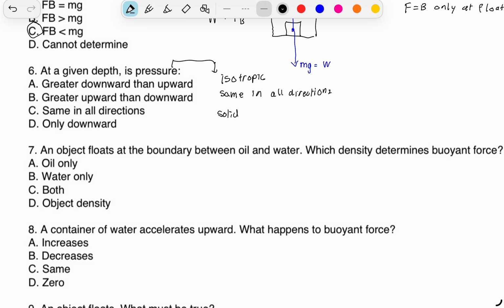However, you might get confused because, for example, solids have directional forces, like normal force, but fluids don't, because we have pressure, and pressure is isotropic. So your answer is C. It's the same in all directions.